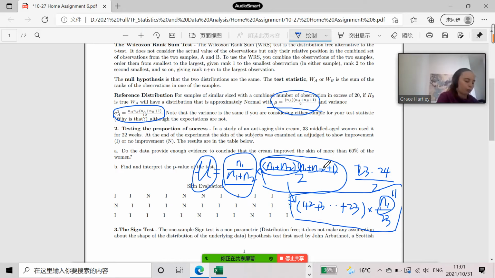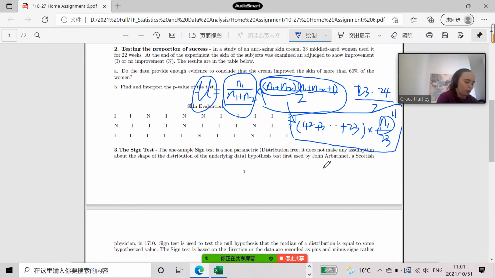And the standard deviation is the square root of that, which is 16.2.